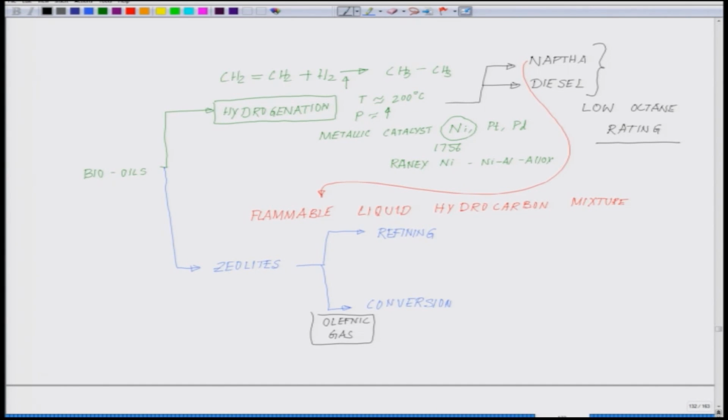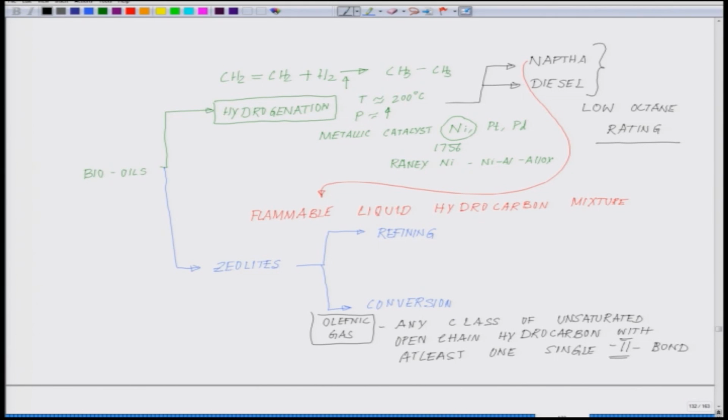So, olefinic gas by definition is basically any class of unsaturated open chain hydrocarbon having at least one double bond, at least one single double bond. Okay.